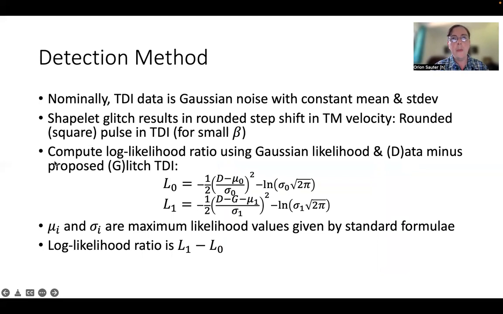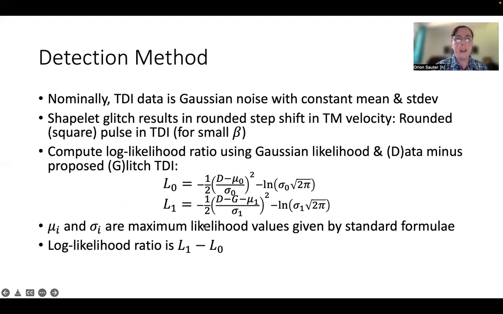We can compute the log likelihood ratio using a Gaussian likelihood with the data minus the proposed glitch TDI. For the null hypothesis, we have just the data put into the standard Gaussian likelihood formula, with the maximum likelihood parameters calculated in the standard way.